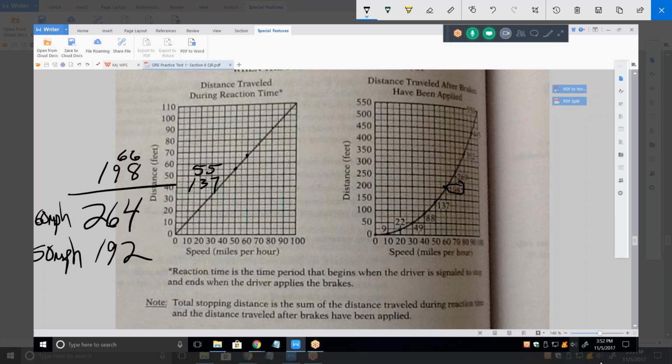Their question was, how much percentage difference do you go from going from 60 to 50? Well, the difference is 72. Now the question is, do I divide it by 264 or do I divide it by 192?